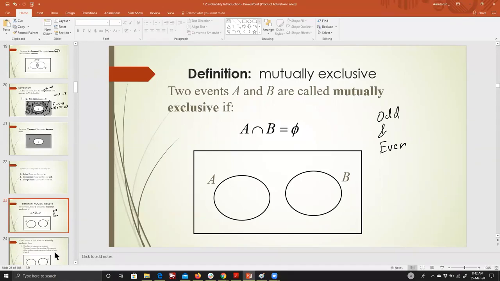An even number can never be an odd number. Basically there is no number common between odd and even. So if you try to take odd intersection even number, what would it output?